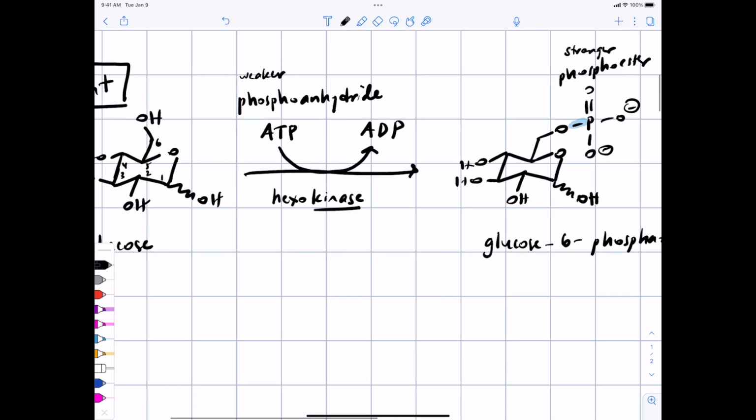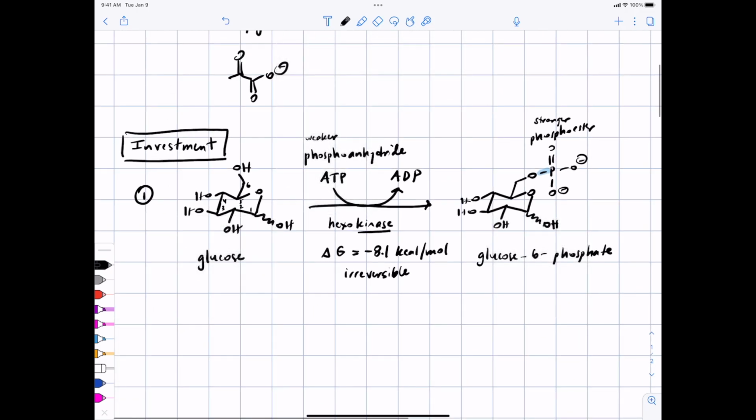You don't need to know by how much, but I'm putting a number here just for context, and this is essentially irreversible. So once a molecule of glucose embarks down this first step, there's no going back from glucose 6-phosphate to just regular glucose. This is a commitment step.